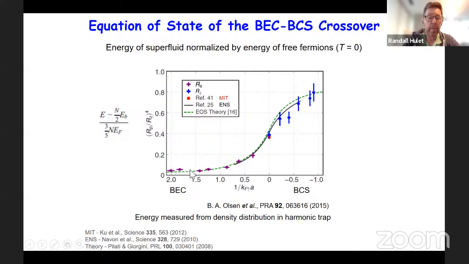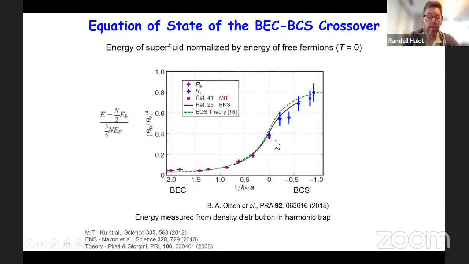This was in the BEC limit, and we could measure this by looking at the size of the superfluid core relative to something called the Thomas-Fermi radius, which is just the size of the gas in a harmonic potential. Our data is shown in the purple and blue.